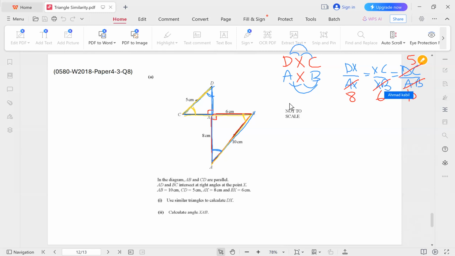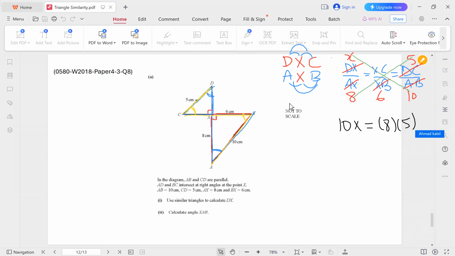We are required to find DX. So let's just put an unknown. Let's just put X here. And we can cross multiply to find X. So basically, X times 10 and 8 times 5. So let's write this down. We have 10X equals 8 multiplied by 5.